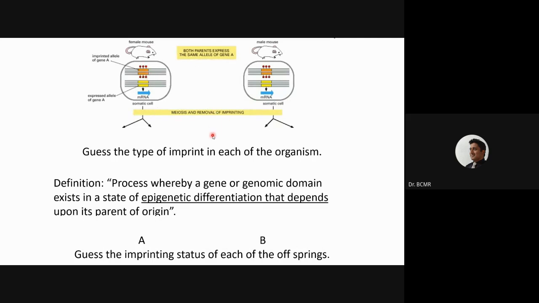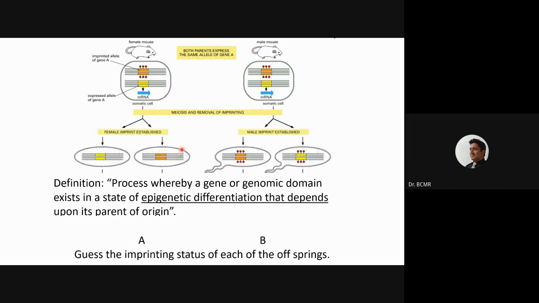Then a new set of imprints would have been established. So what will happen is, if this is a male, both the copies of this gene A will be imprinted, methylated, for example. Whereas in the female, both the copies are not methylated, they remain as such.